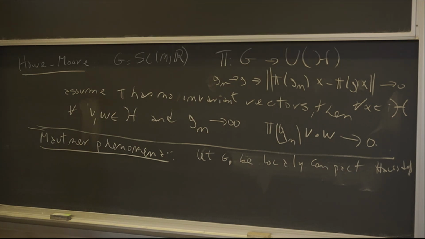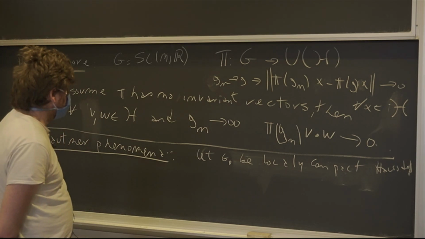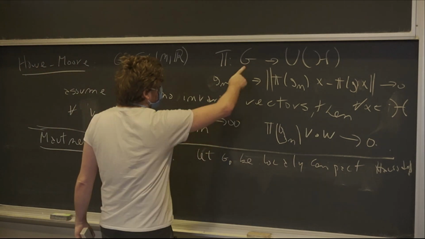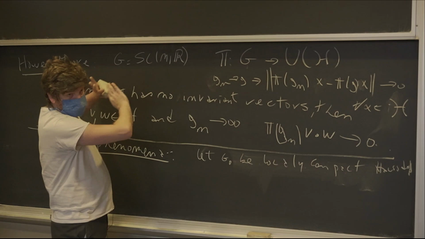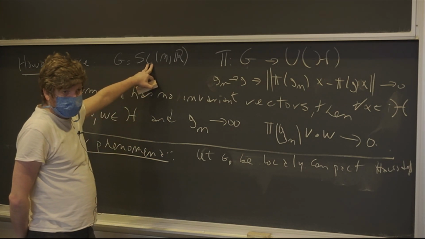What does it mean, in general, for g_n to tend to infinity? Here G is SL_n(R), so I'm just doing SL_n(R), and it means it gets out of any compact set in SL_n(R).